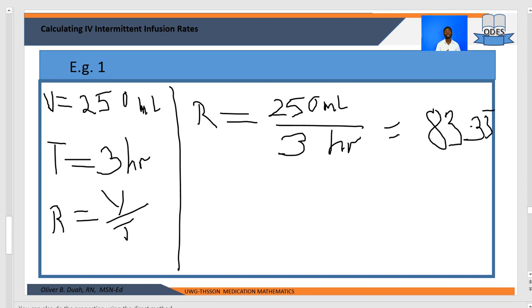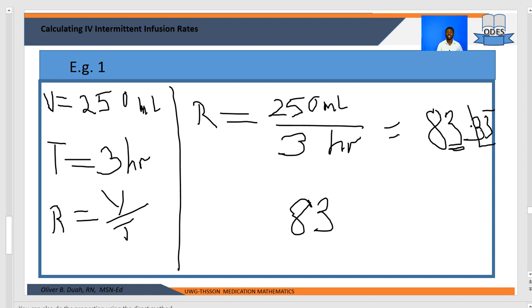Okay, but the question says that we should leave our answer to the nearest whole. So whole numbers do not have decimal places, and so we will just look at our decimal point and see if the figure after the decimal point is 5 or greater, then we are going to round the number before the decimal point up, and if it's below 5, then we are just going to drop everything.